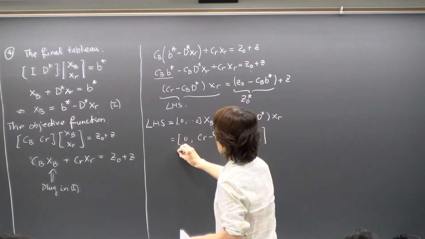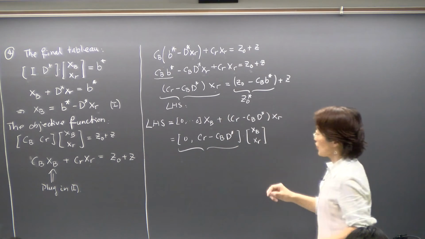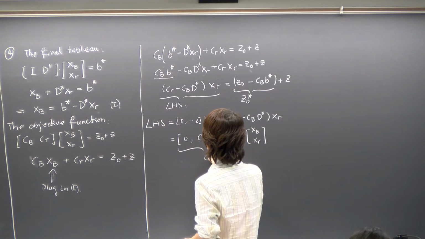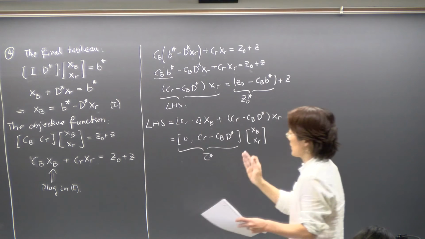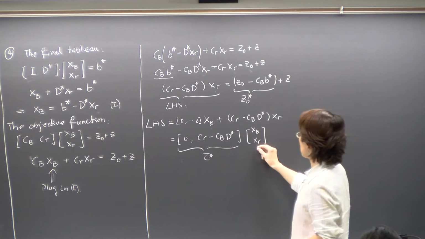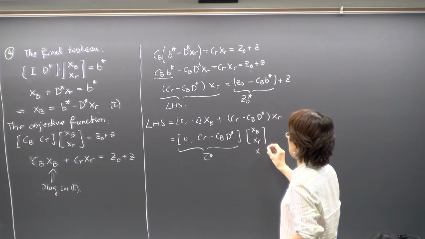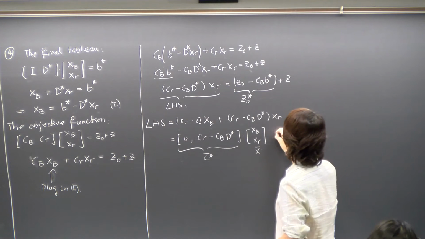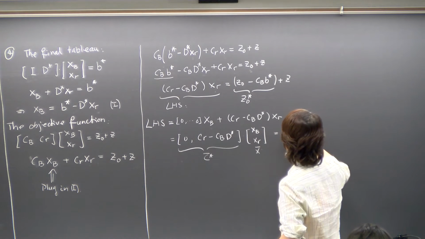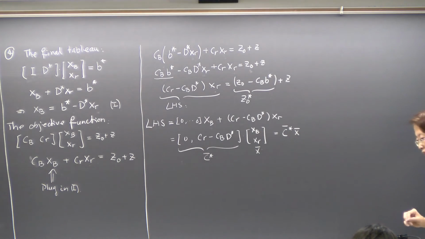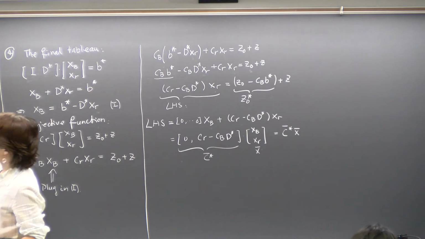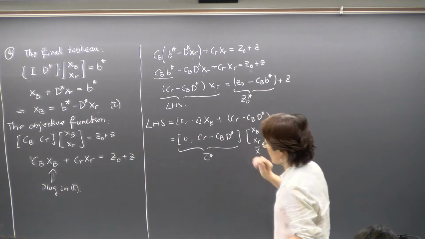So you know this would be my C star after pivoting, but with the index rearranged, right? And this is just X, rearranged. So let's copy: this will be C bar star X bar. So I know in the end, in my table, I will have this expression.